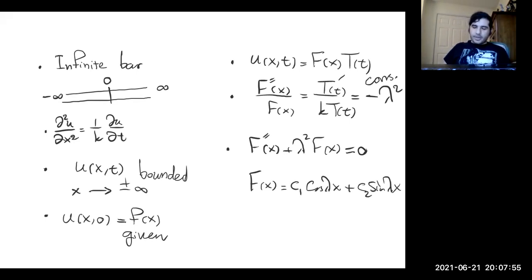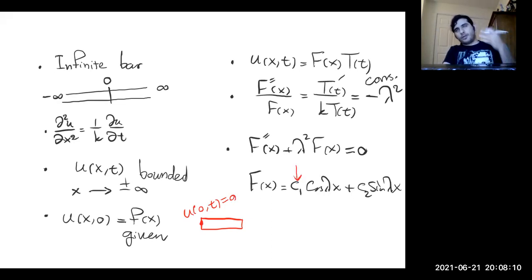If you remember, when the bar was finite, for example, if we had u at this point equal to 0, it was making one of these things 0, and we understand the value of C1. The other boundary condition, at least in the examples we saw, was giving us, for example, the value of C2 or something about lambda.